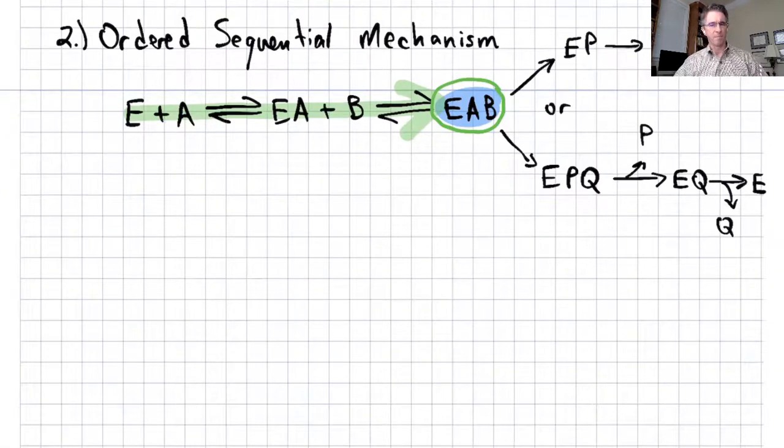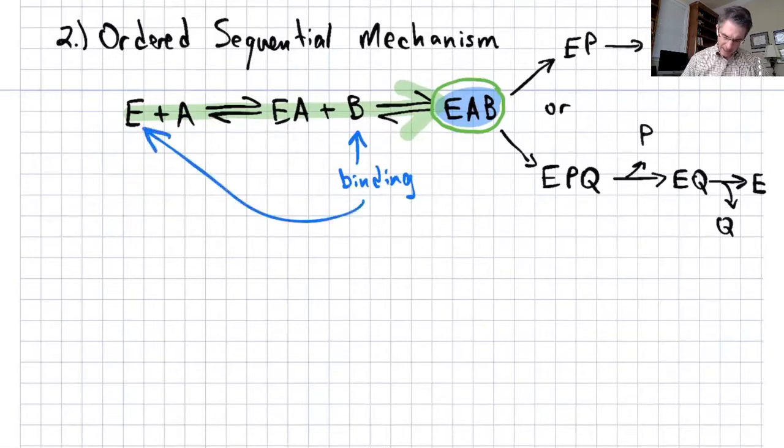In fact, in many cases where an ordered sequential mechanism is used, the binding site for the second substrate doesn't even exist on the enzyme until the first substrate is bound, right?